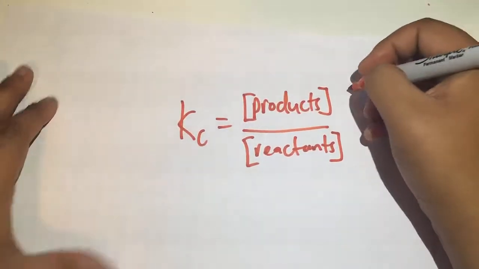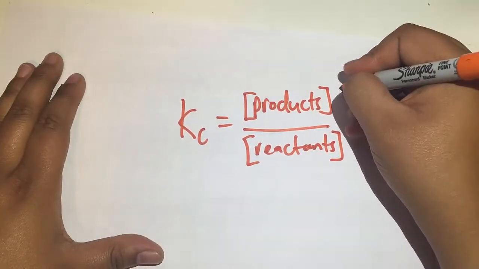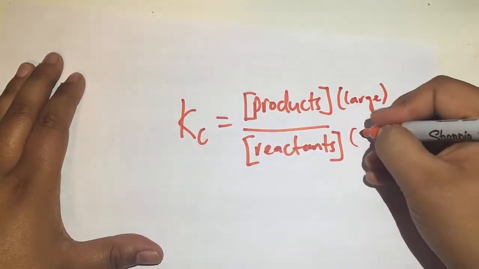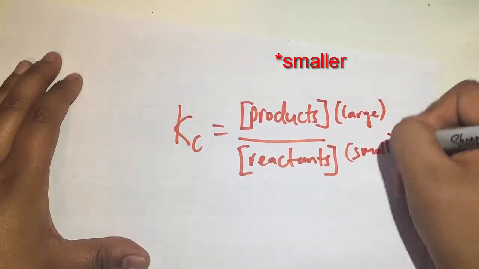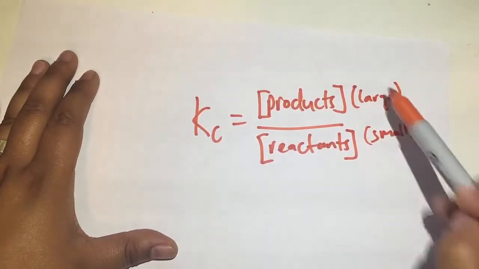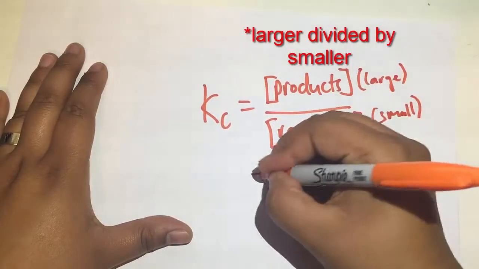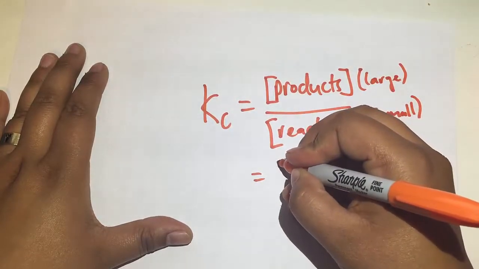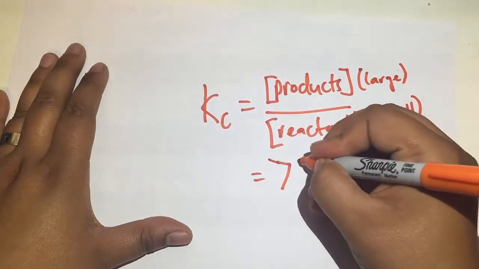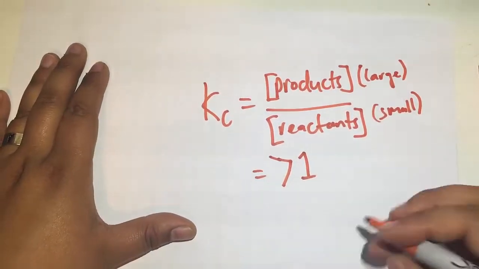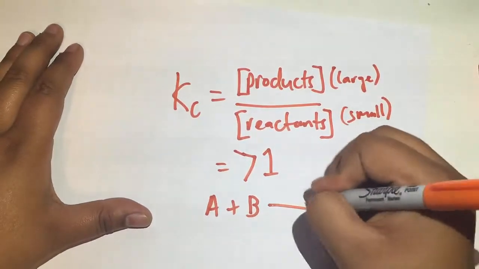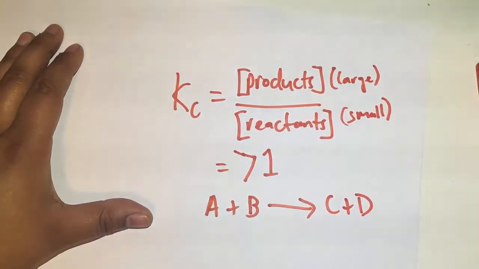And if we have a high amount of products, so this is large, compared to a small amount of reactants, then a large number divided by a small number is going to give you a number greater than 1, which means that we've got more of A plus B going to C plus D being produced.